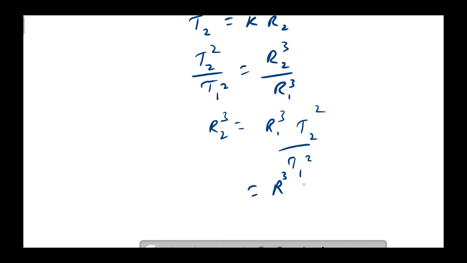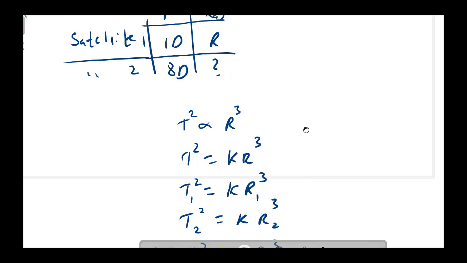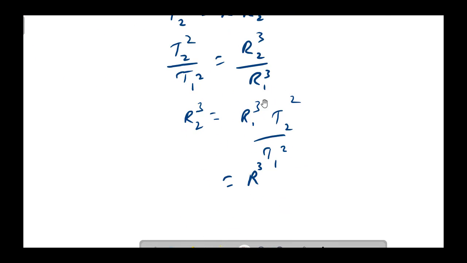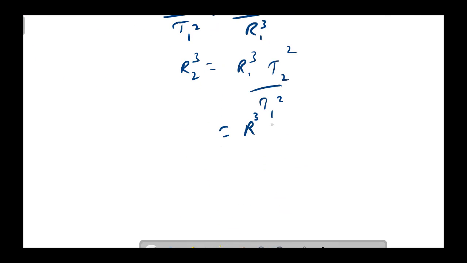T2 is given as 8 days, so this becomes 8, and T1 is 1 day. So what we are left with is 8r cube. So R2 cube is 8r cube. We have to take the cube root.